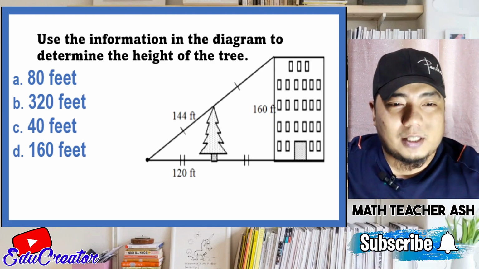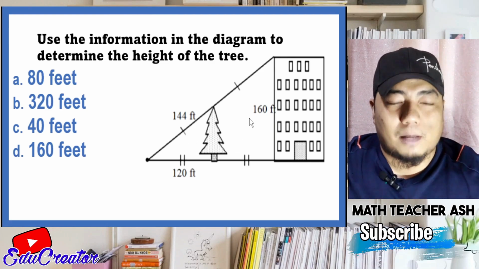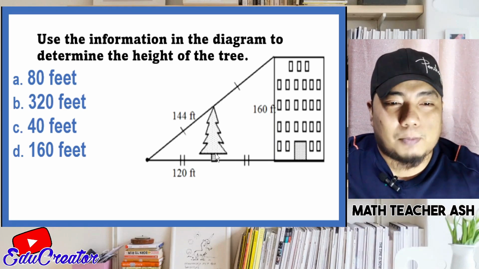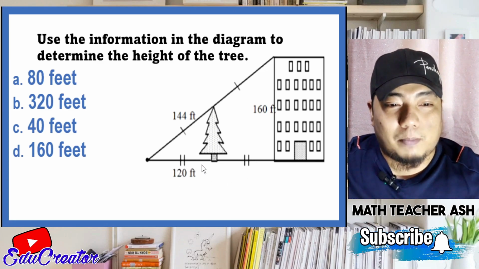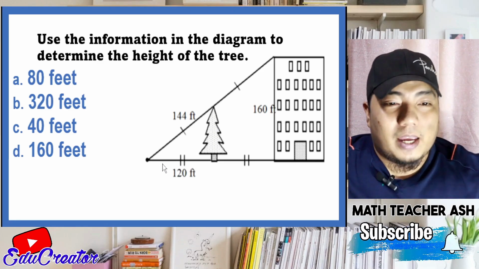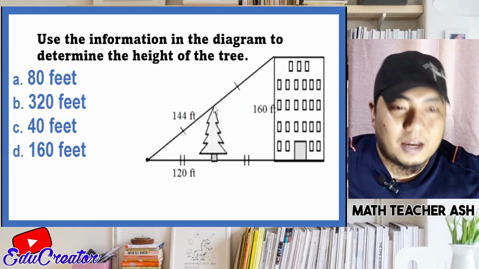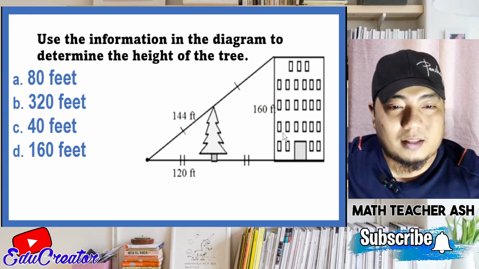So two measurements are already given. It also says that the distance between the tree and the building is the same as the distance of the base to the certain point. And the top of the tree is the same distance as the top of the building, and the building is 160 feet.